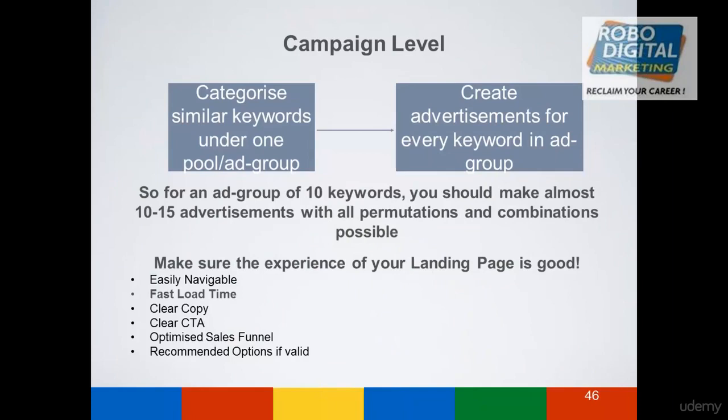For campaign level optimization, you have to see easy navigation on the page. I have already told you: fast loading time, and clear copy, meaning the ad copy you write should be clear about what exactly the user is going to get. A clear CTA means what action he has to take and what he will be getting. Optimize the sales funnel.